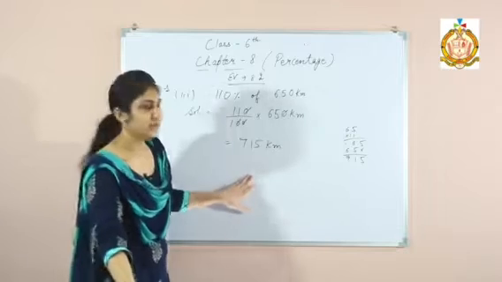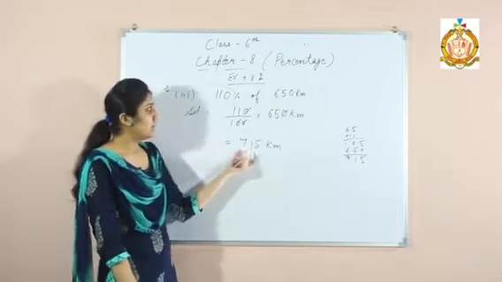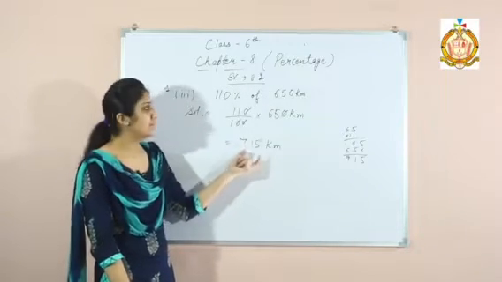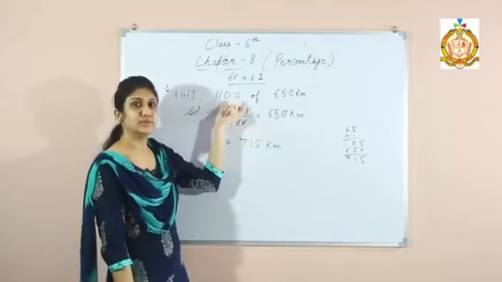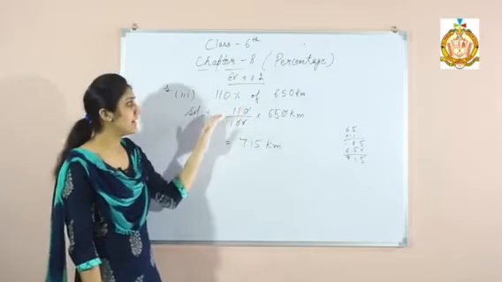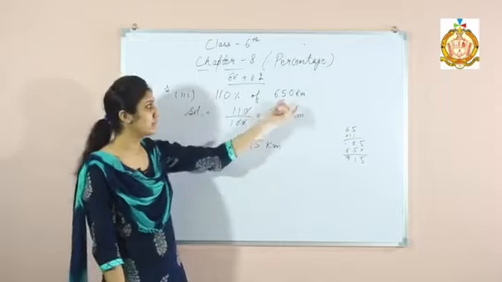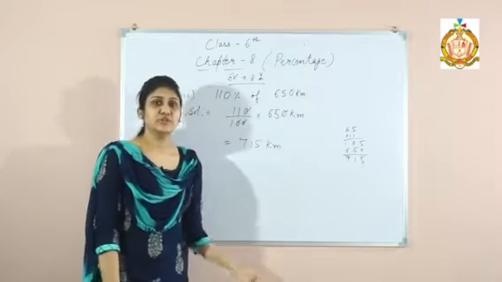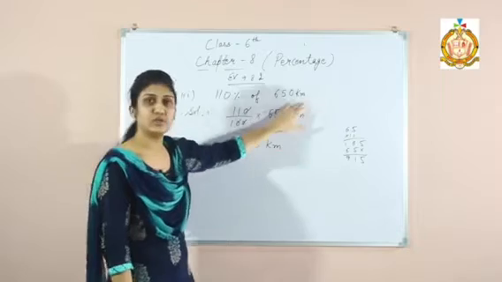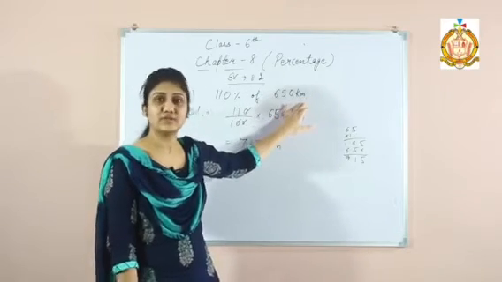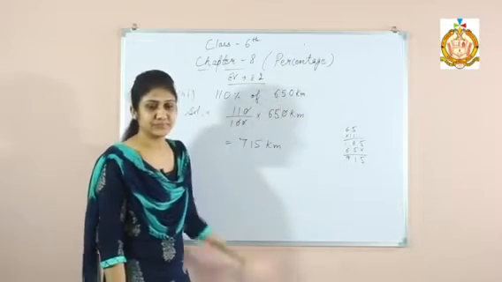Now you may think that this answer is greater than the given one, but see, this percentage is also greater than 100%. So it is obvious that the answer would also be greater than the given term. Also make sure you note down the units. Here it is in kilometers, so you have to give the answer also in kilometer.